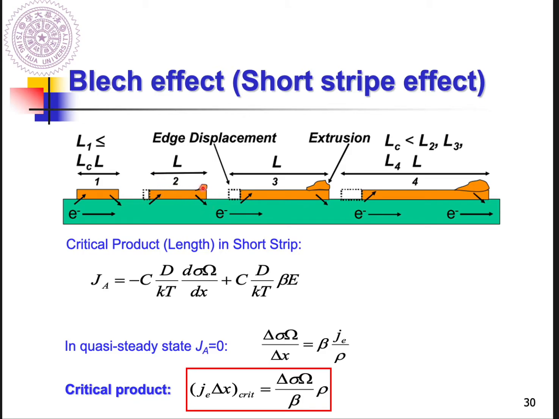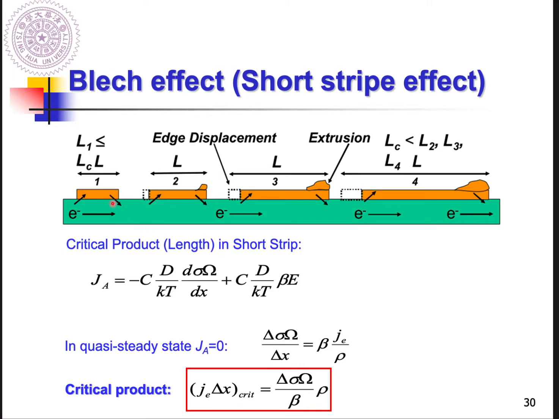In case one, you didn't observe the extrusion and the void formation. But as this length gets longer, then you can observe the EM damages, including the extrusion and the void formation.